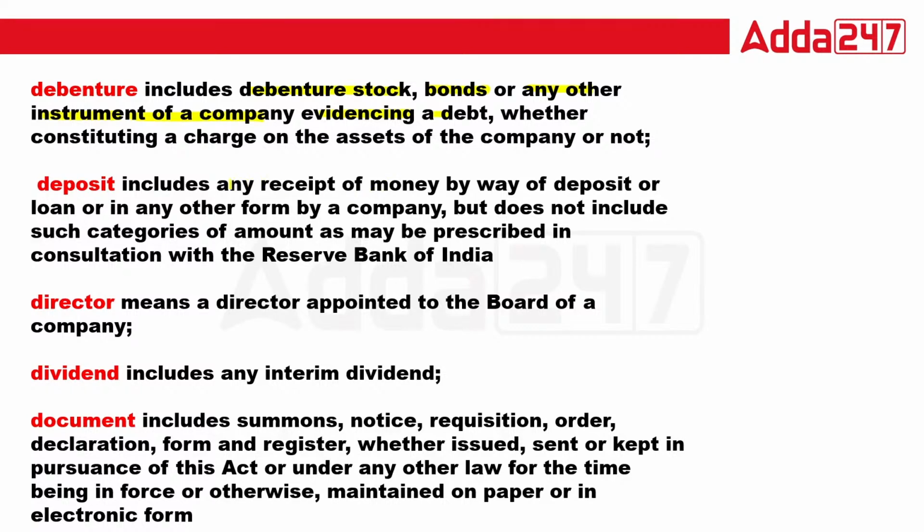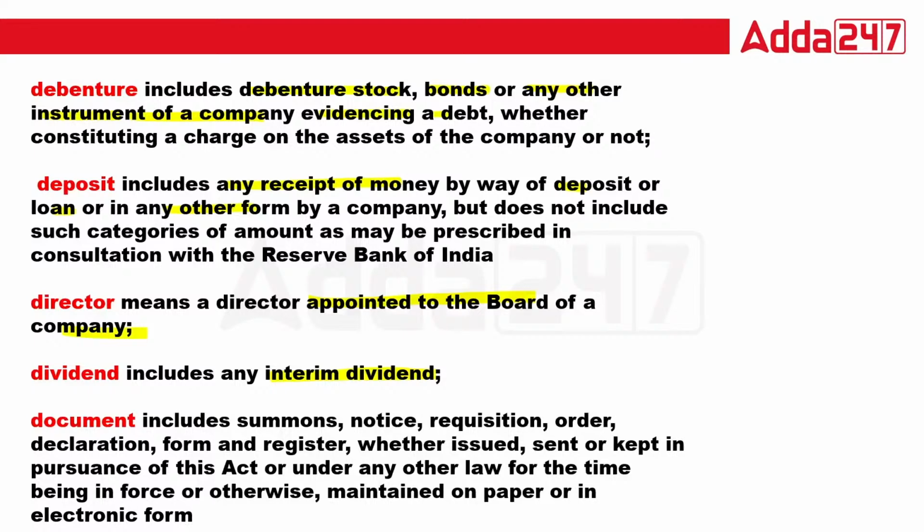Deposit includes any receipt of money by way of deposit or loan or in any other form by a company. Director, who is appointed to the board of a company, is called a director. Dividend includes any interim dividend. Interim means a temporary profit. So dividend is basically the profit of a company.